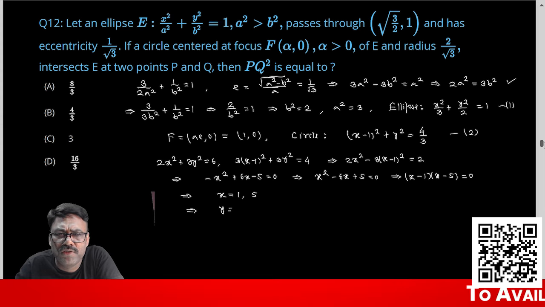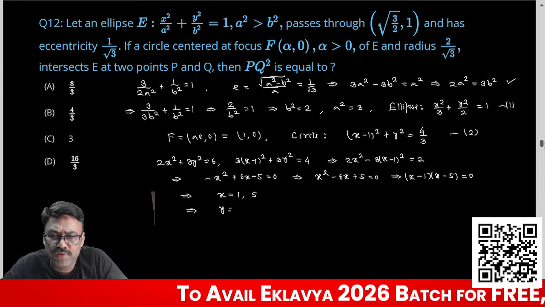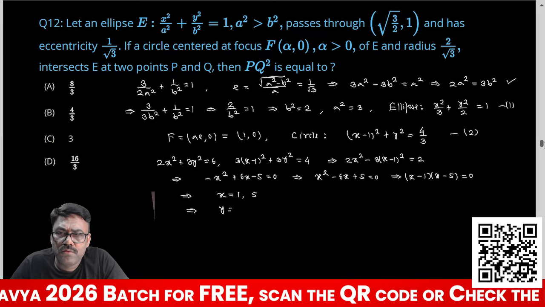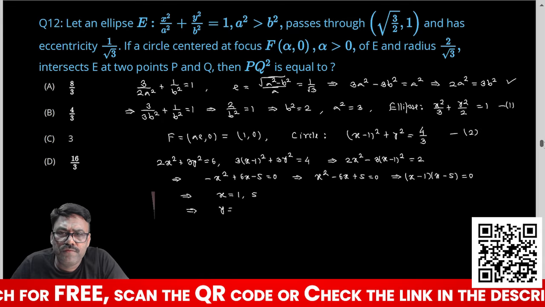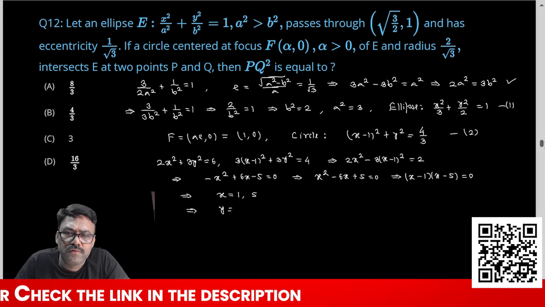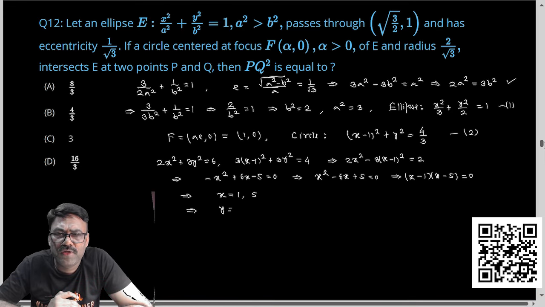They have not said that you have to take positive values only. But I think the answer will be the same whether you take the positive one or the negative one. In fact, x is equal to 5 is not possible here.